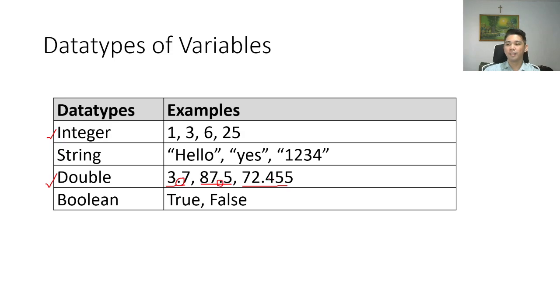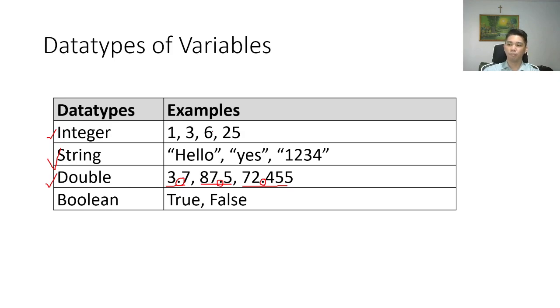Now, what is a string? A string is a set of alphanumeric characters, and what we have established before, these characters or these values can never be operated upon.